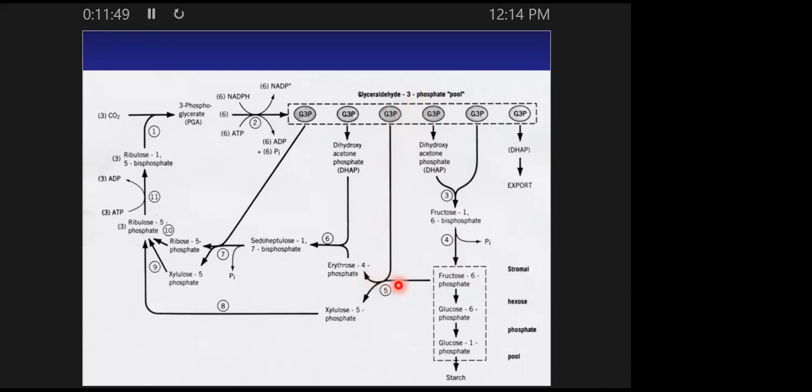Okay, so right here you see fructose and another G3P reacting. So 6 plus 3, that's a 9 carbon. They don't really show the 9 carbon molecule here where the red laser pointer is. You have to imagine a 9 carbon that quickly splits into a 4 and a 5.